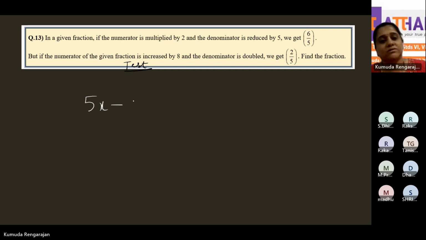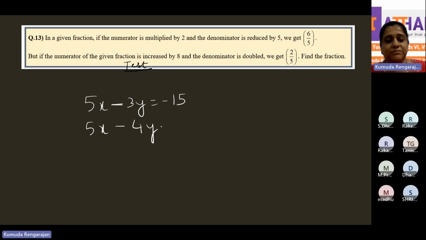Rakshita, second equation: 5x minus 4y is equal to minus 40. Minus 40, correct. So the first equation is 5x minus 3y is equal to minus 15, and the second equation here is 5x minus 4y is equal to minus 40.